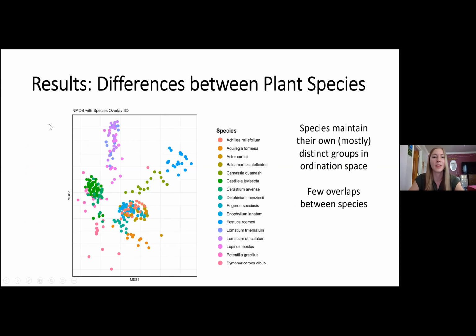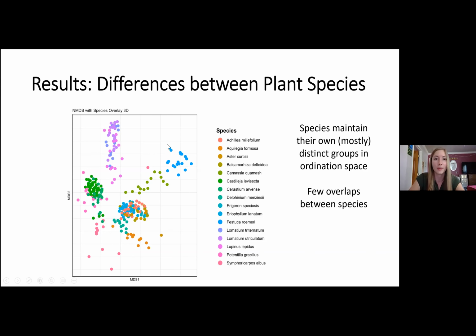We can examine those similarities and differences in OTU composition using an NMDS graph. In these kinds of graphs, data points that are close together have very similar bacterial OTU compositions, but data points that have large distances between them have very different bacterial OTU compositions.